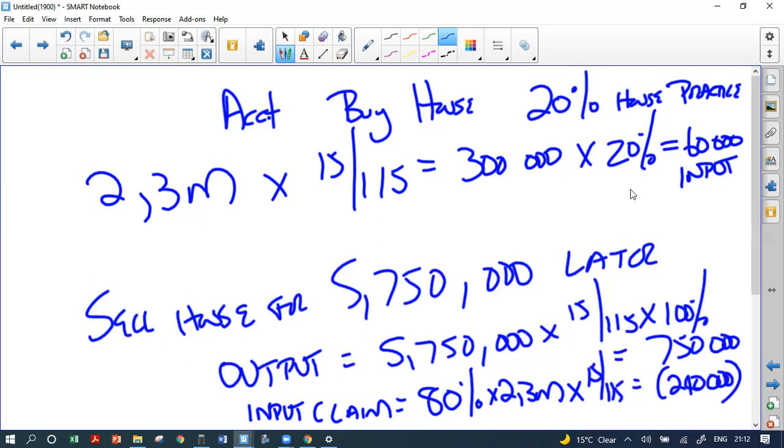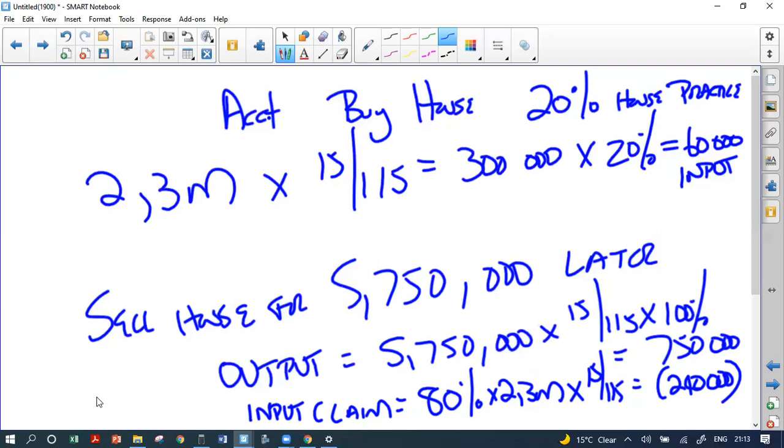Now, the reason that SARS does this is so that they can get more money from people, because they would rather collect output on the 5.75 million and let the other people claim input on the 2.3 million. Okay. And SARS will collect more money by doing it this way.